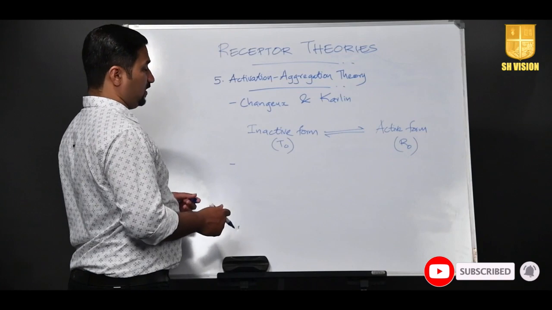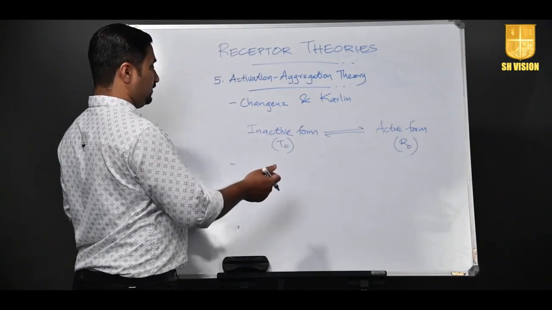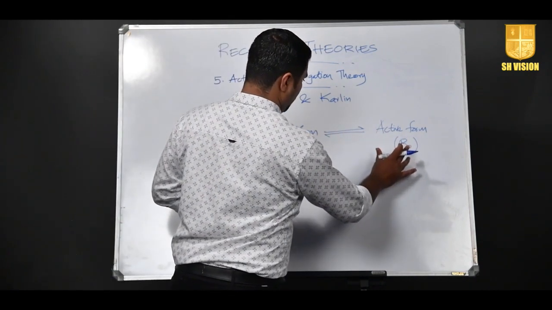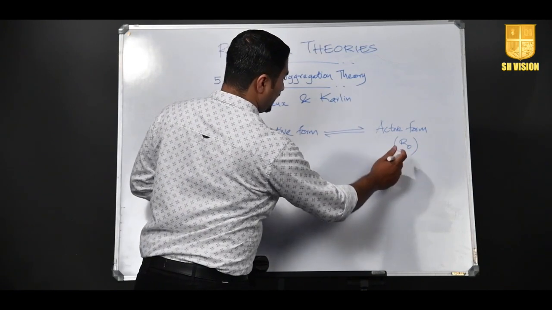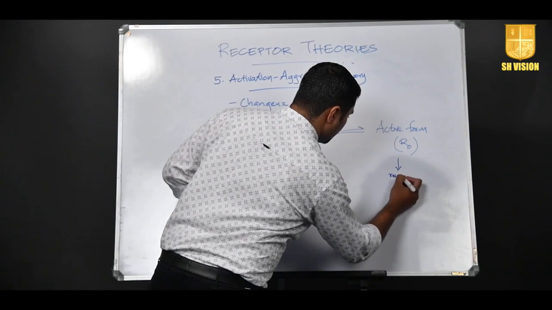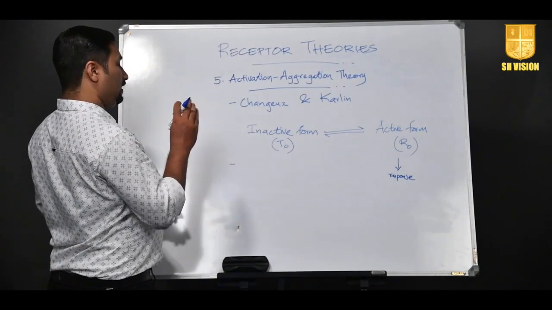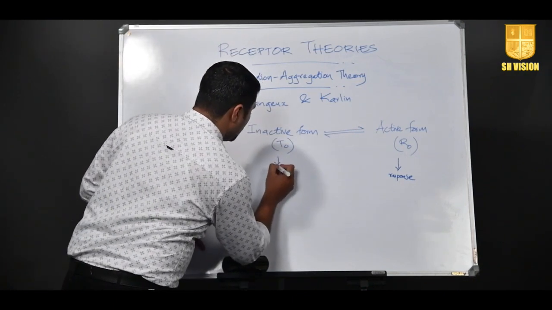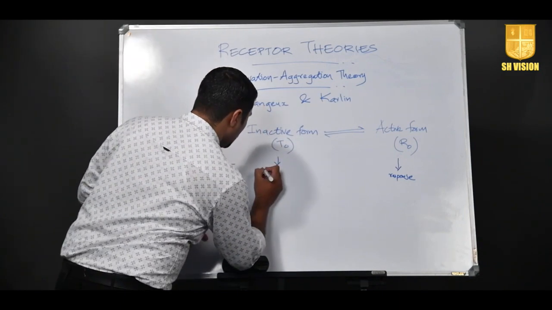In the presence of a drug, the equilibrium will shift to one of the sides. That is, if the drug binds to the active form, the equilibrium will shift towards the active form and you will get a response. If the drug binds to the inactive form, the equilibrium will shift towards this side and you will get no response.